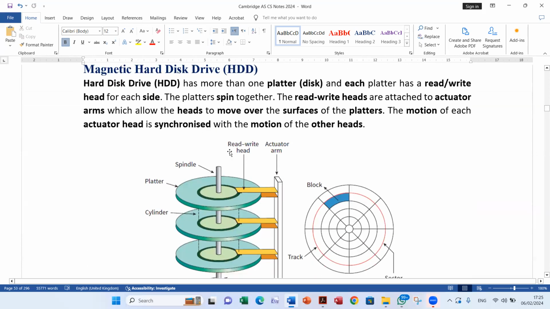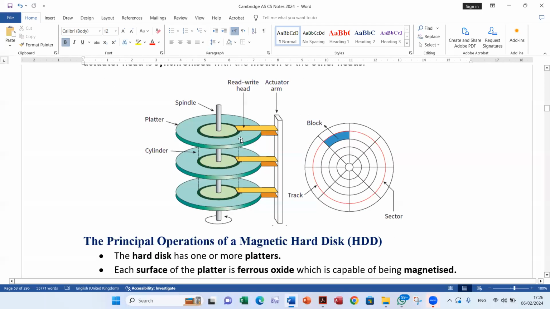This is the most popular secondary storage device. The hard disk HDD stores data using magnetization. It has plates or surfaces like this, and the surface is divided into tracks and sectors, where the intersection between a track and a sector is the block, and the block is the smallest unit of data storage.